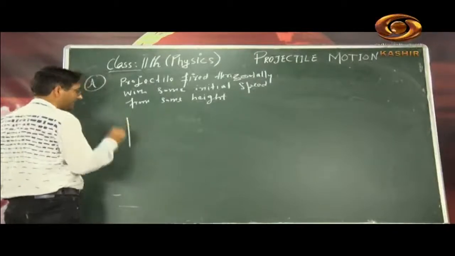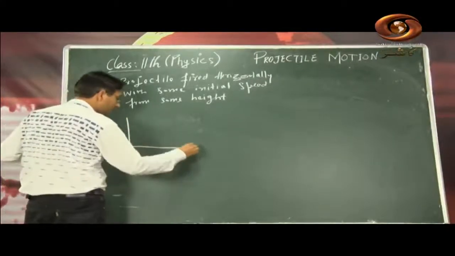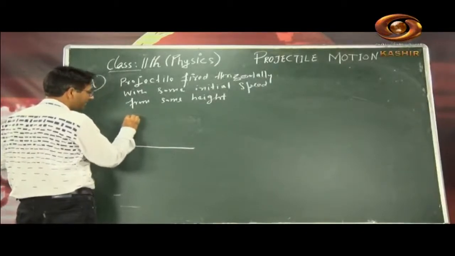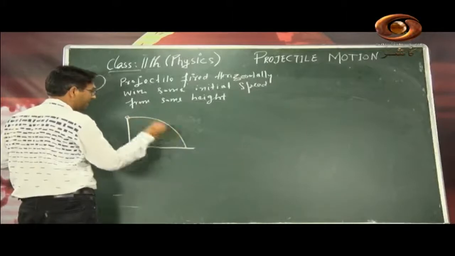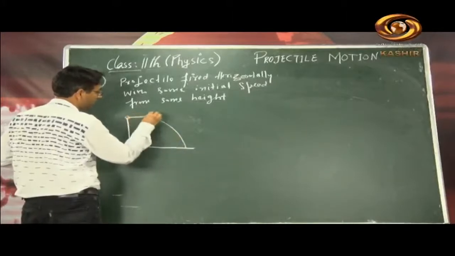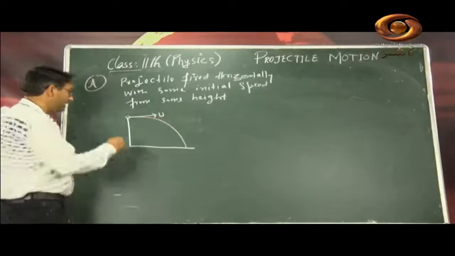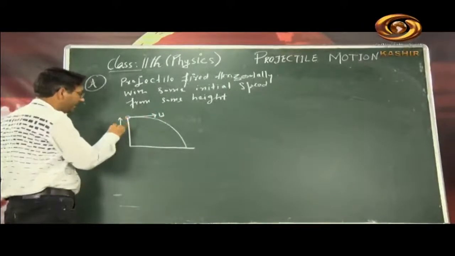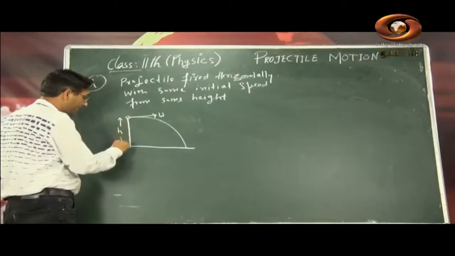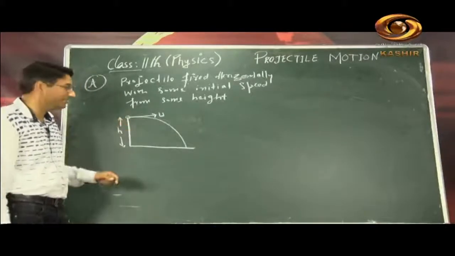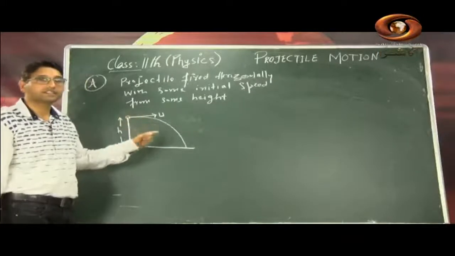This is the projectile, this is our ground level, and the projectile has been fired like this. It will go like this and hit the ground. Suppose the initial speed is u, and suppose this height is h from the ground. So from height h, it has been fired with some horizontal initial speed.